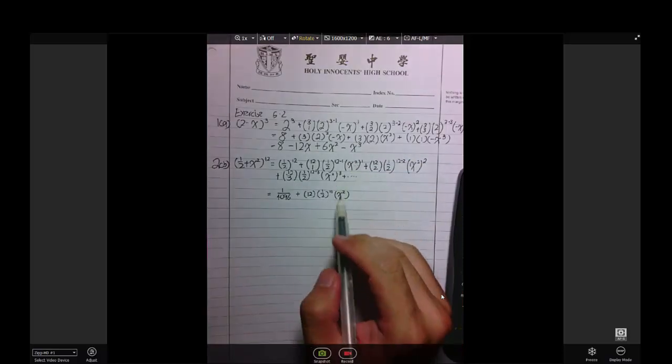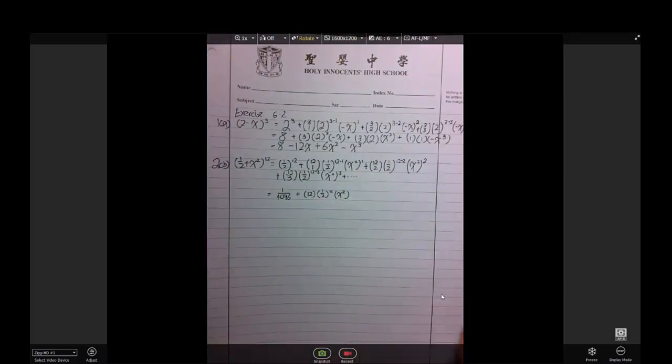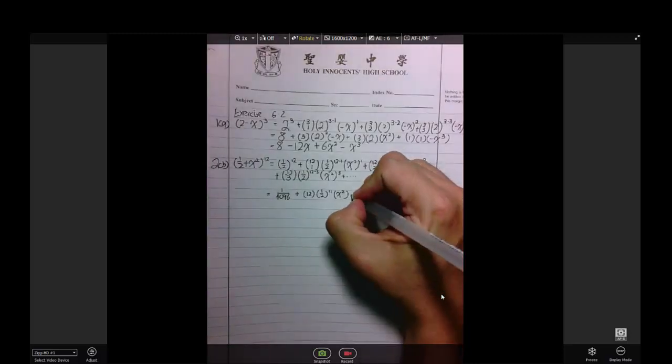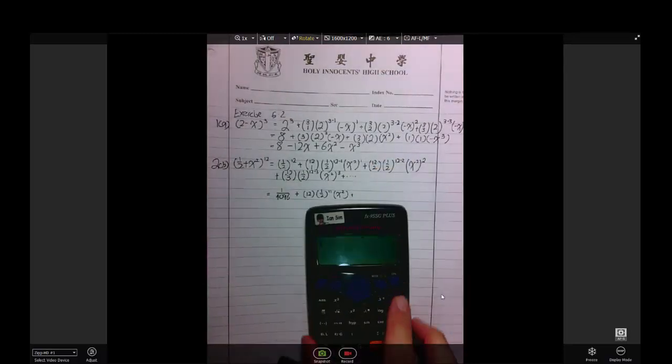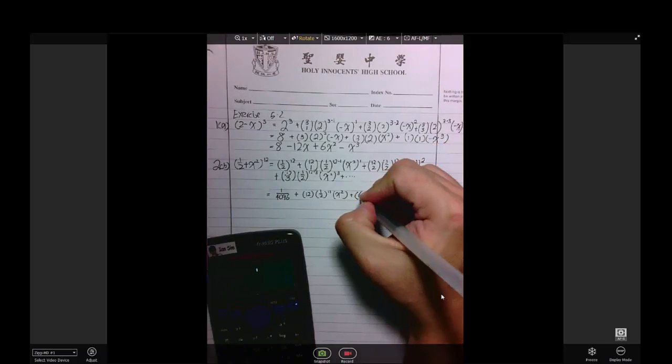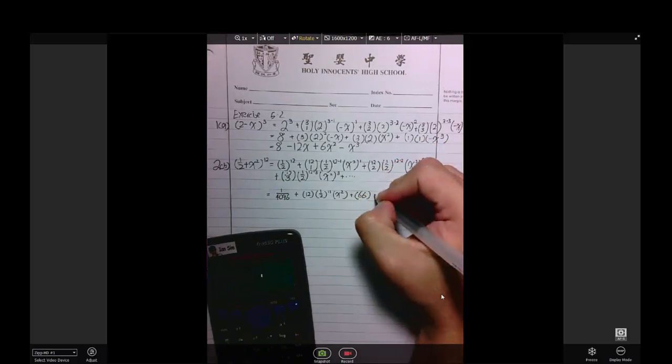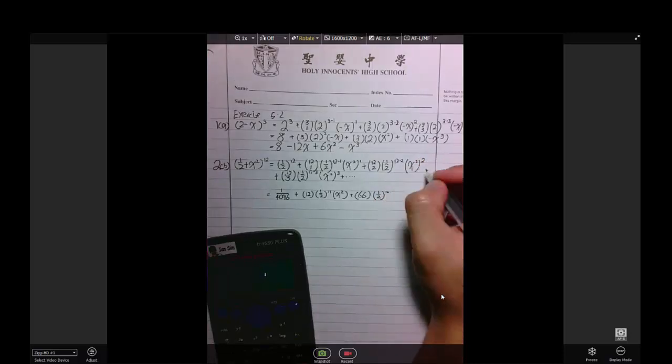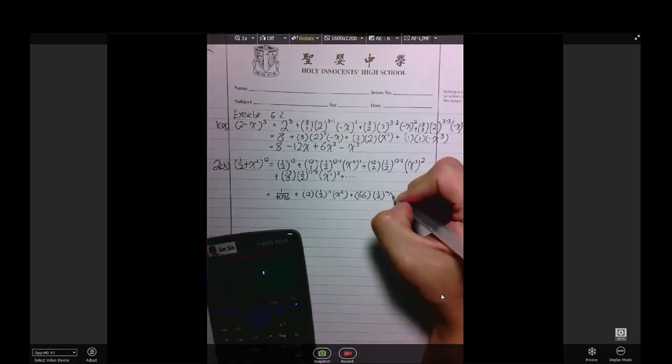This x squared to the power of 1 is still x squared. Then we have 12 choose 2. Okay, let me key that. 12 choose 2 is 66. So this term gives me 66, half to the power of 10. Then here x squared squared will be x to the power of 4.